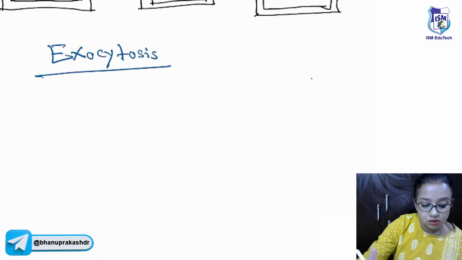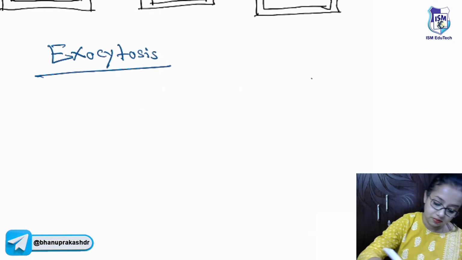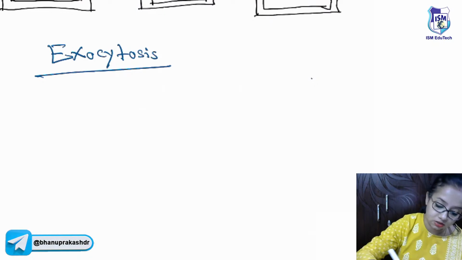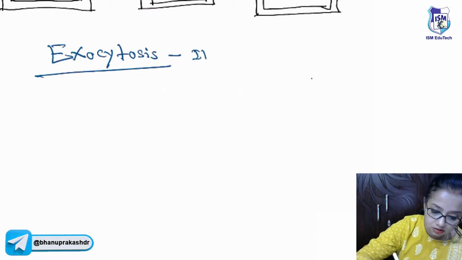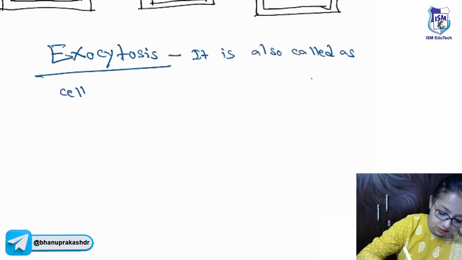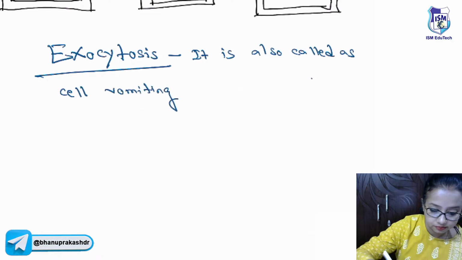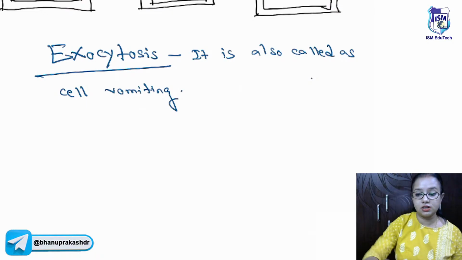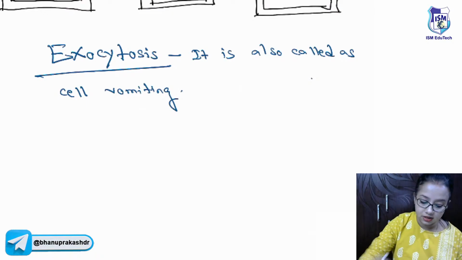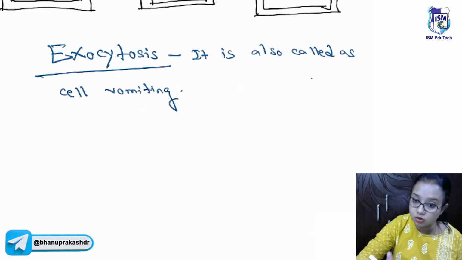The process of exocytosis is also called cell vomiting, like substances will be thrown out of the cell.